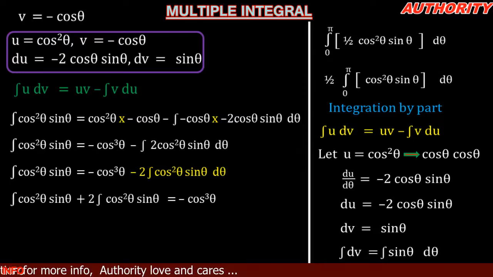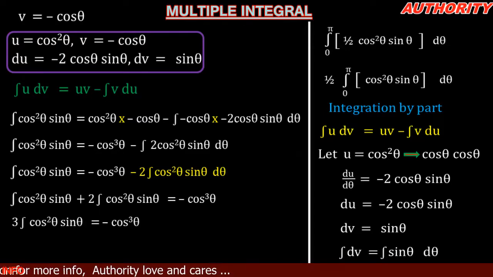So when you combine them, it gives you 3 times the integral of cos squared theta sine theta, equal to minus cos cube theta. But we are actually looking for the integral of cos squared theta sine theta, and here we have 3 of it. Let's divide both sides by 3.